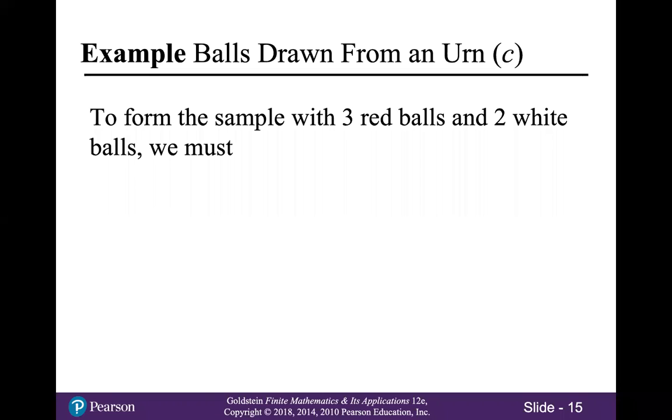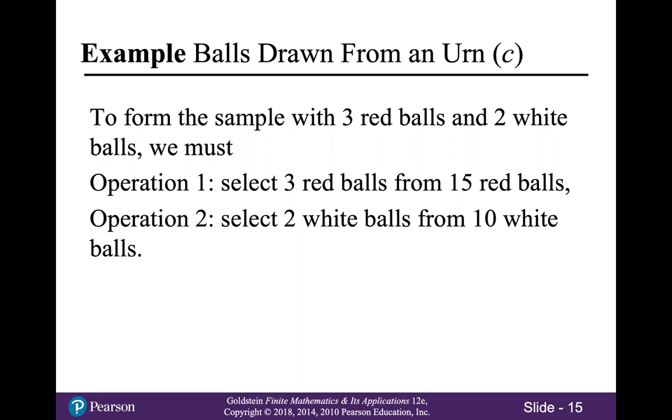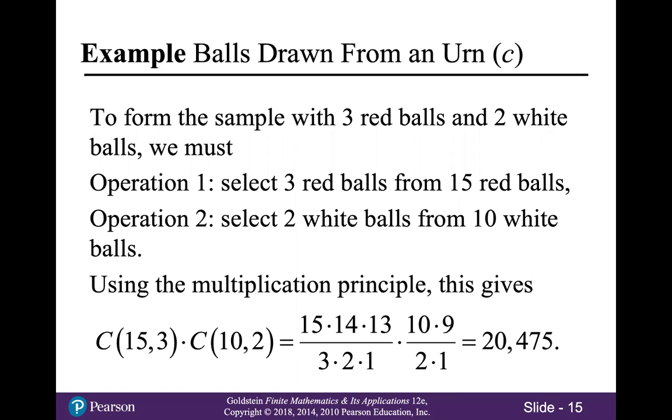To form the sample with 3 red balls and 2 white balls, we must first select 3 red balls from the 15 red balls, and then select 2 white balls from the 10 white balls. Using the multiplication principle, this gives you 15 choose 3 times 10 choose 2, which comes out to 20,475.